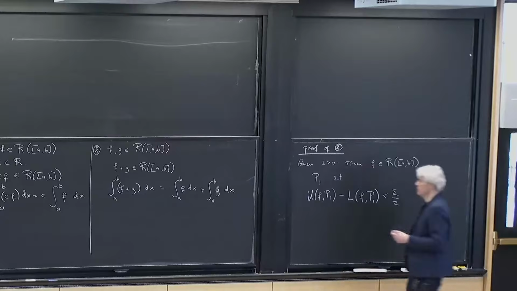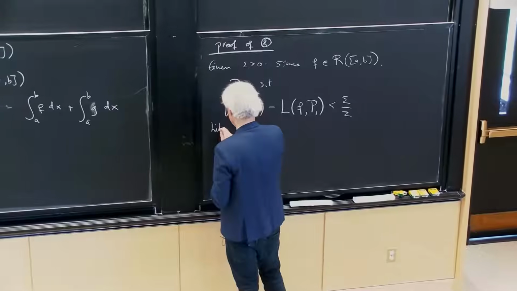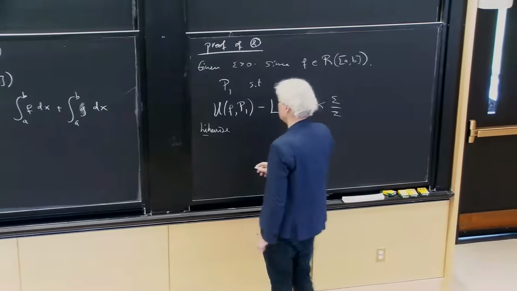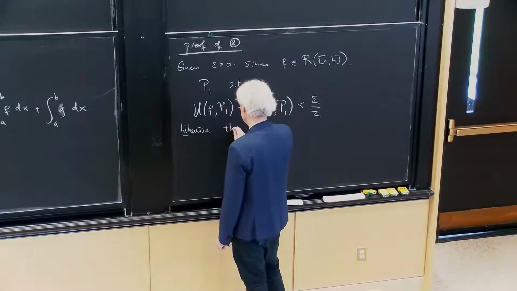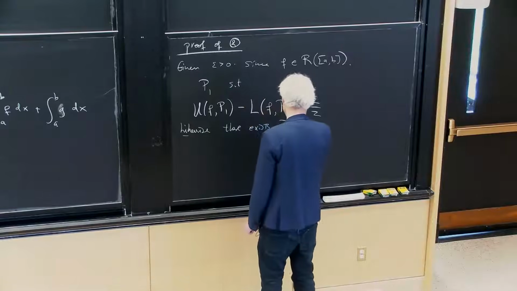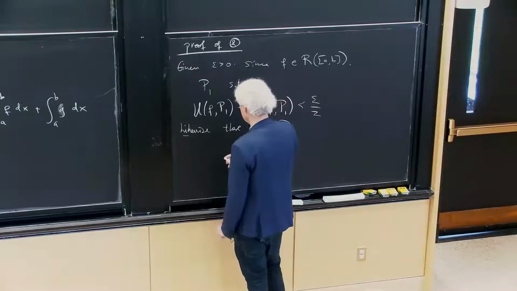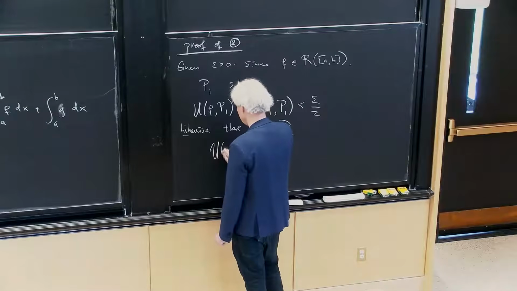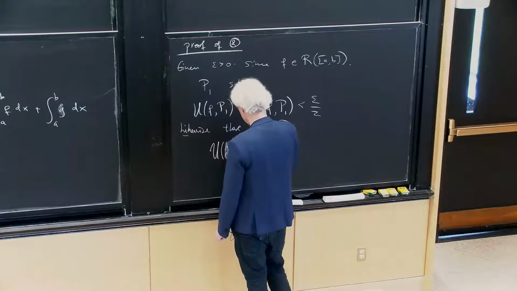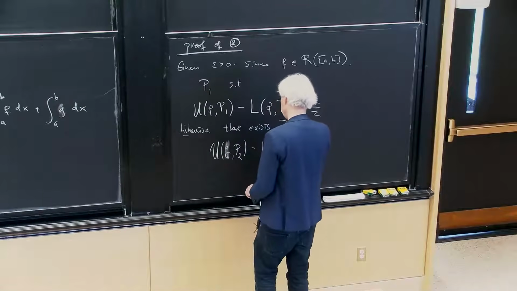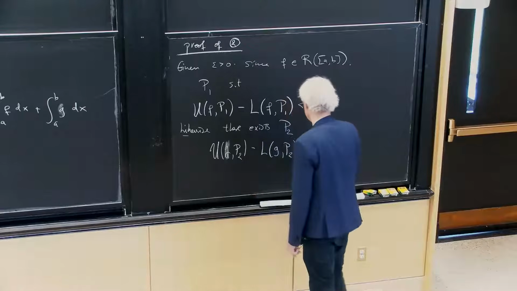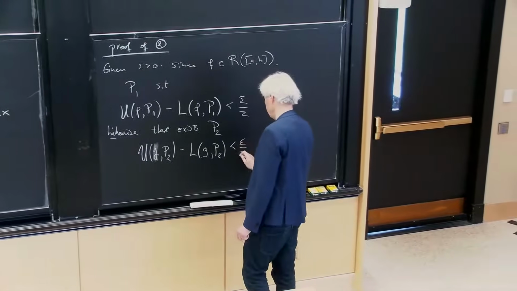And likewise, since g is Riemann integrable, there exists a second partition, P2, so that for g you have the same thing. This upper sum minus the lower sum for g with respect to this second partition is less than epsilon over 2.